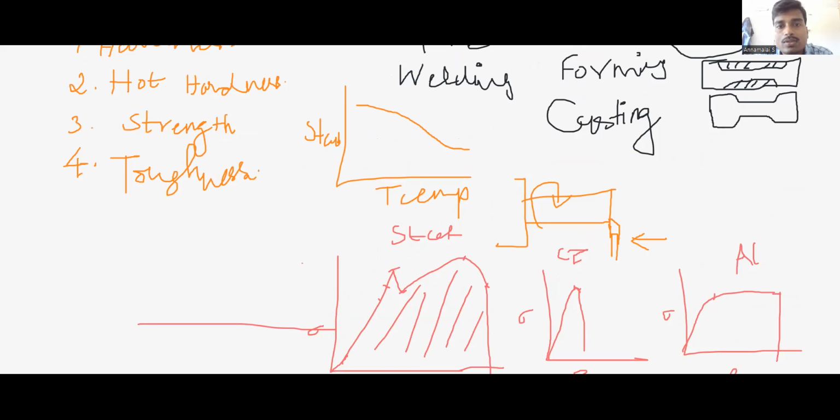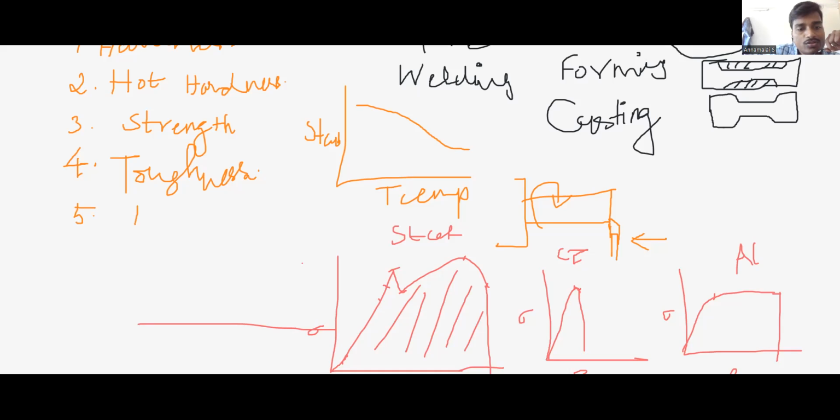If the tool doesn't have sufficient toughness, it may easily break. So the tool material should have enough toughness to absorb the impact load. And the fifth property is called thermal conductivity.